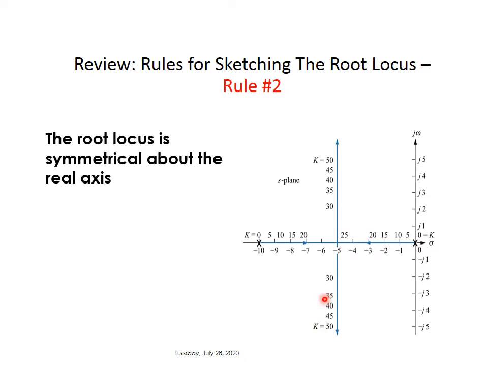And this sketch is symmetrical about the real axis, when you look from the point of view of the real axis, or sigma axis. The root locus is exactly symmetrical. If it is not symmetrical, then there's something wrong with your root locus. You have plotted a wrong root locus, right?